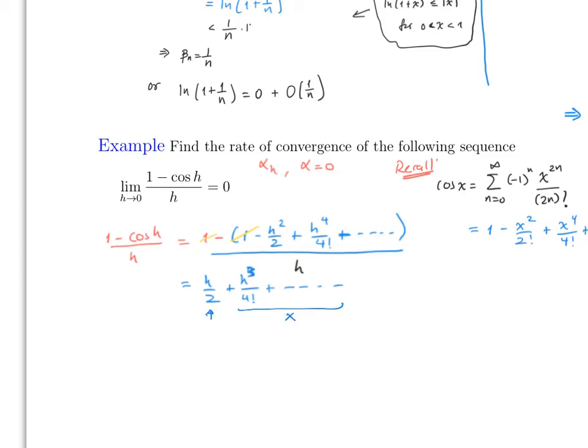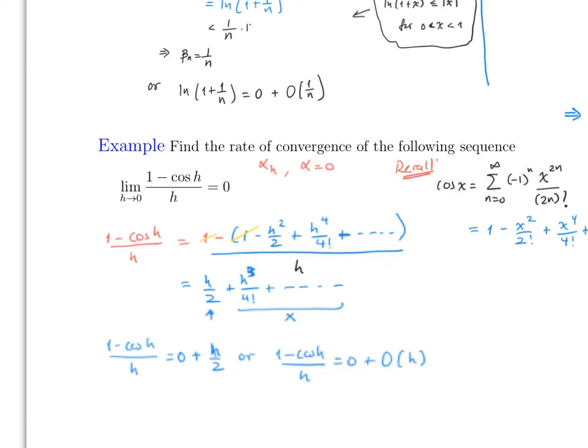So therefore, you can see right away that 1 minus cosine h over h will be 0 plus h over 2, or we can say 1 minus cosine h over h is going to be 0 plus big O of h.